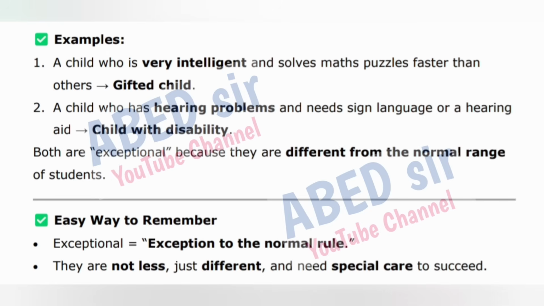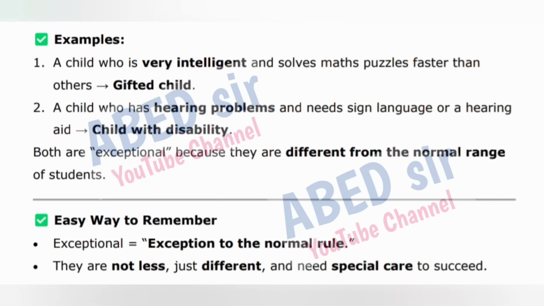Examples: 1. A child who is very intelligent and solves maths puzzles faster than others. Gifted child. 2. A child who has hearing problems and needs sign language, or a hearing aid. Child with disability. Both are exceptional because they are different from the normal range of students.